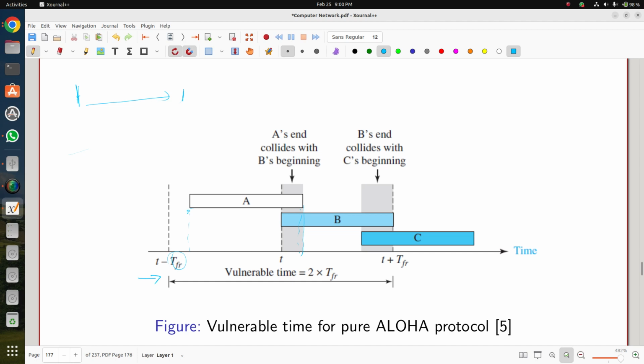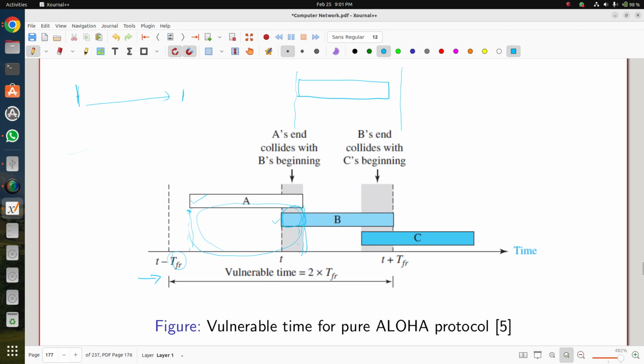Now you see that if your frame transmission starts at this time and completes here, and in this duration no other frame is transmitted, then you are successful. Your transmission is successful like this. You transmitted a frame and then in this duration another station transmitted frame B, and now you see that there is a common duration among them.